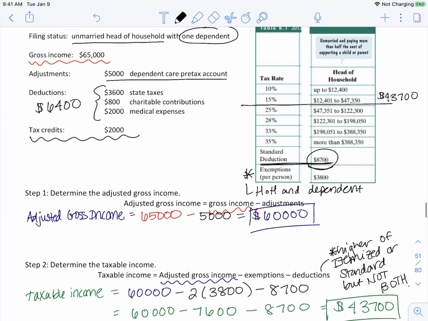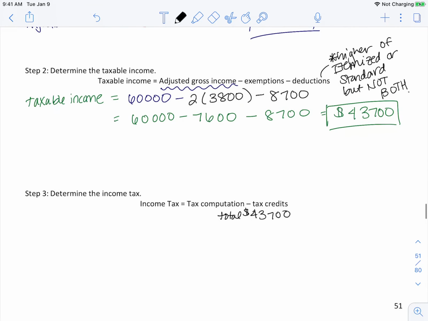So we're going to split this up. If you notice, the 10% tax rate goes up to $12,400. So this person's first $12,400 is going to fall in the 10% tax bracket. And then everything from that 12,401 up to their 43,700 will go in the 15% bracket. So this is how you'll write this out. We're going to split this person's income.